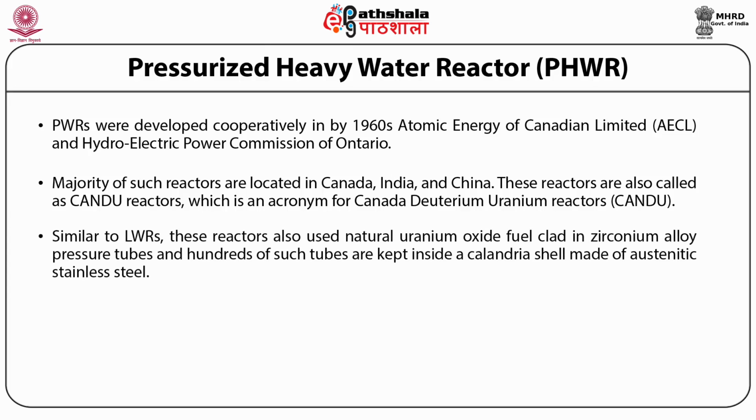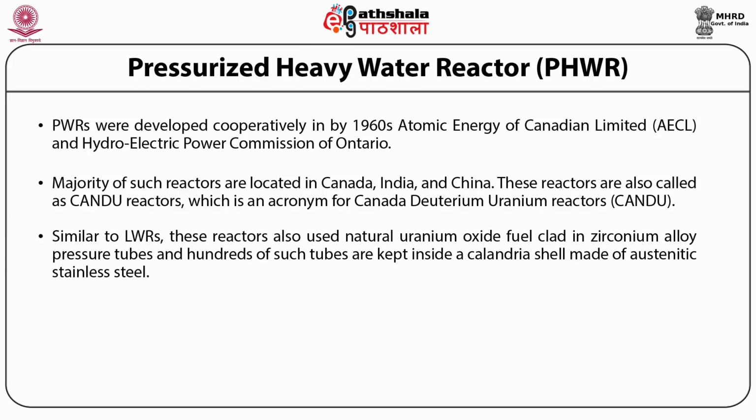Similar to LWRs, these reactors also use natural uranium oxide fuel clad in zirconium alloy pressure tubes, and hundreds of such tubes are kept inside a calandria shell made of austenitic stainless steel.